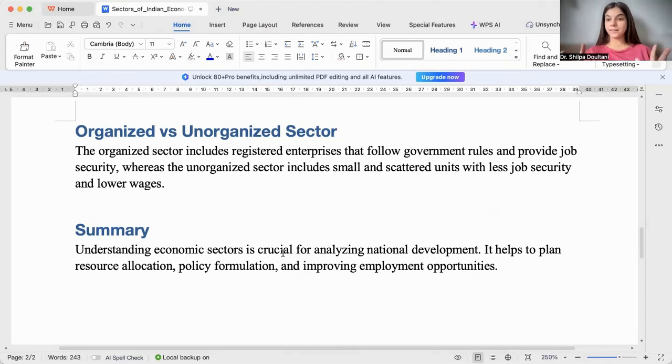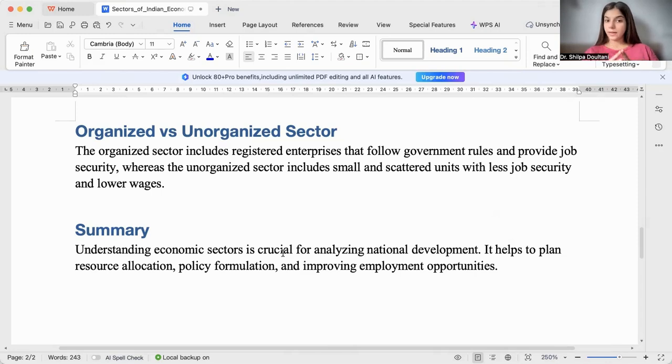The organized sector includes government-registered firms or enterprises that follow rules and regulations, follow government rules, and provide job security. Any firm which follows government rules and policies, provides job security, and is registered with the government comes into the organized sector.